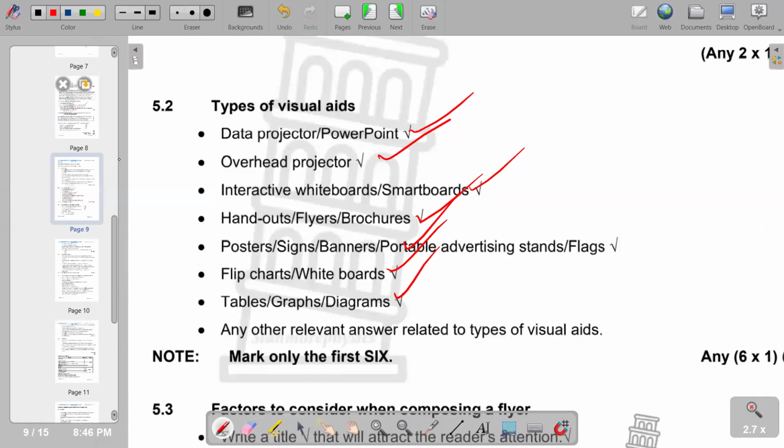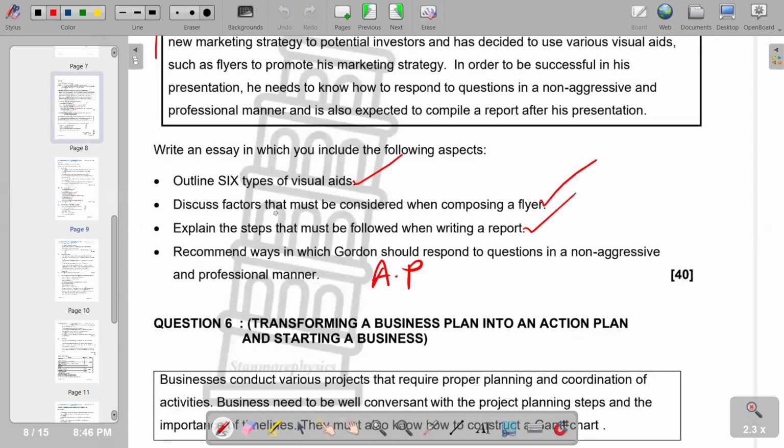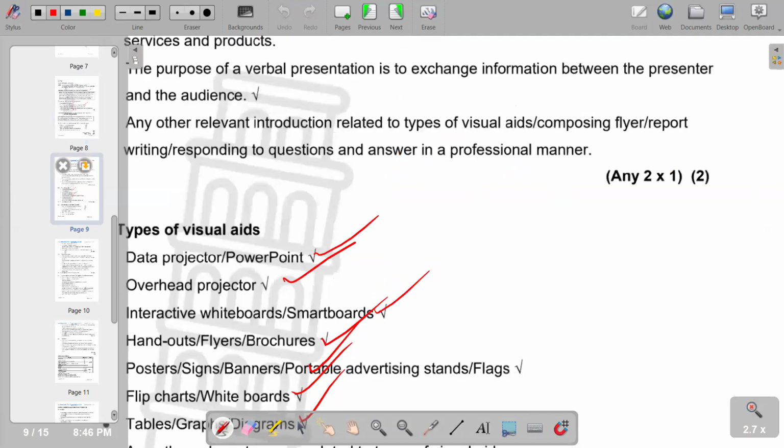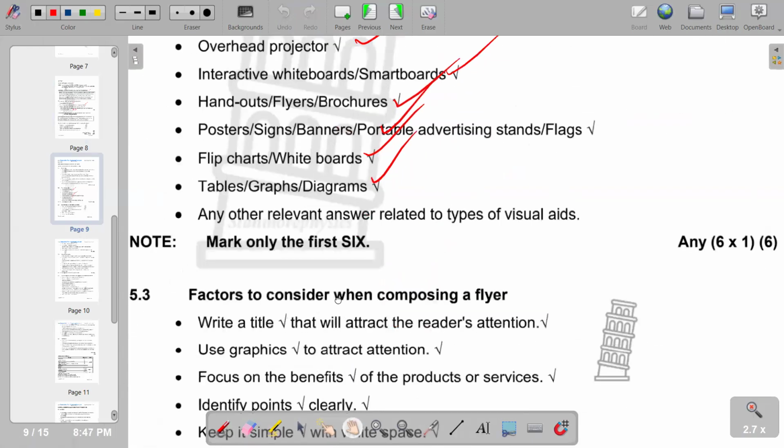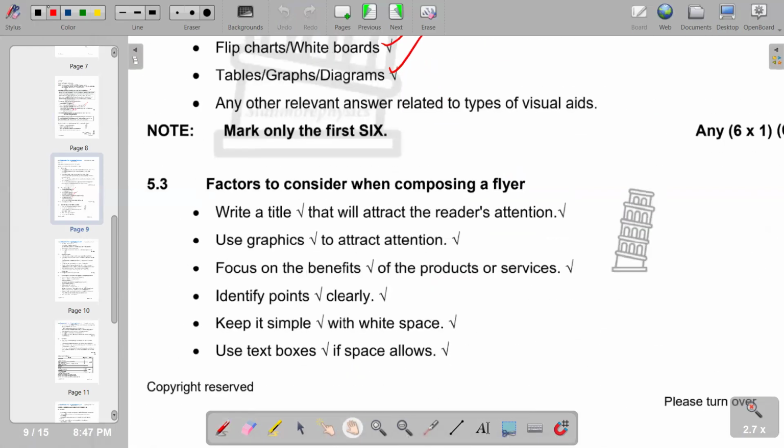Then on the next part, discuss factors that must be considered when composing a flyer. So what are the factors to consider when composing a flyer? These are the factors that we have to take into consideration. Write a title that will attract the reader's attention. Use graphics to attract attention. Focus on the benefits of the product or services. Identify points clearly.